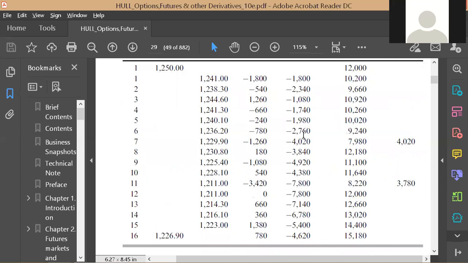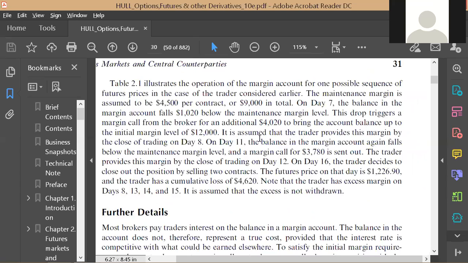There is a point here that is mentioned in the book as well. They've talked about this. Excess not withdrawn.